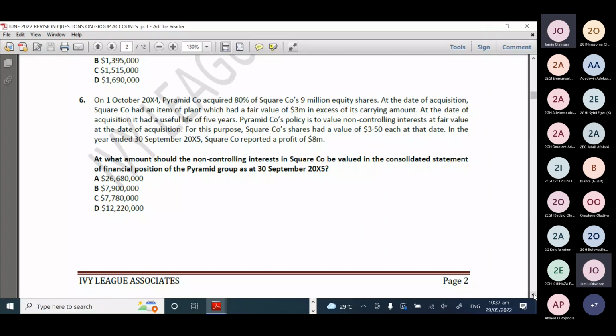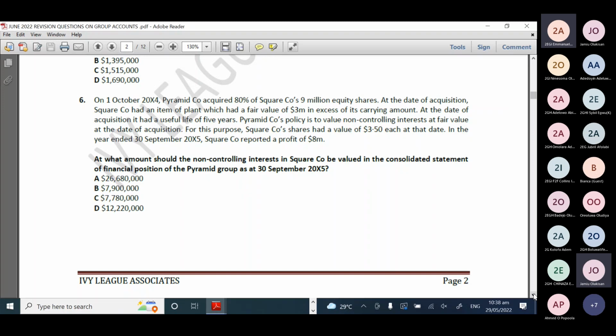Emmanuel, go ahead. On 1st October 20X4, Pyramid Co. acquired 80% of Square Co's 9 million equity shares. At the date of acquisition, Square Co. had an item of plant which had a fair value of $3 million in excess of its carrying amount. It had a useful life of 5 years.